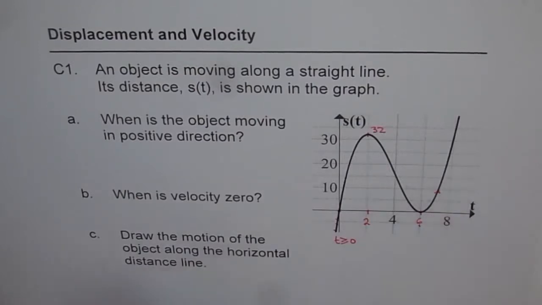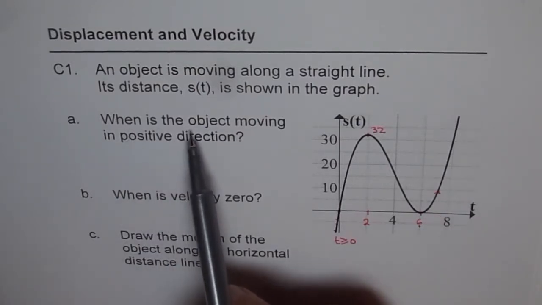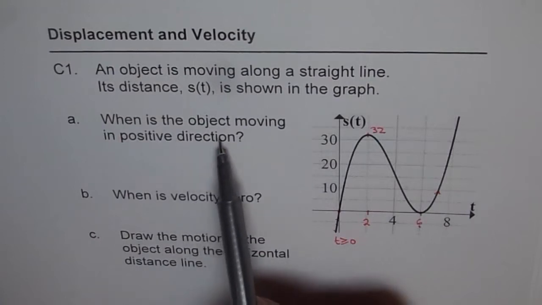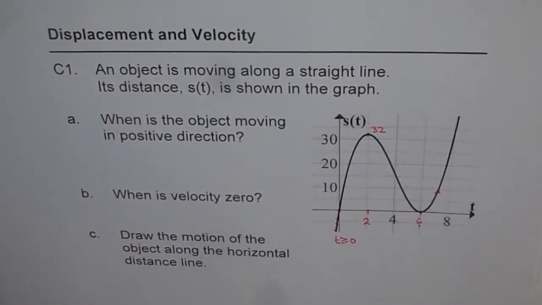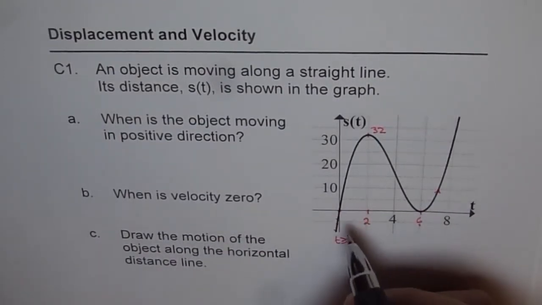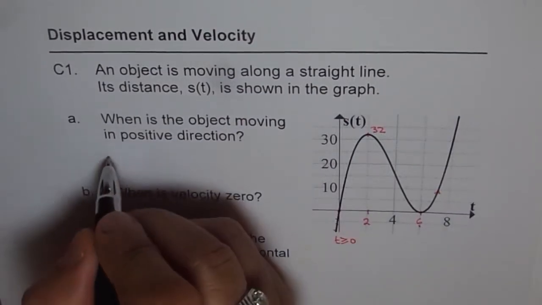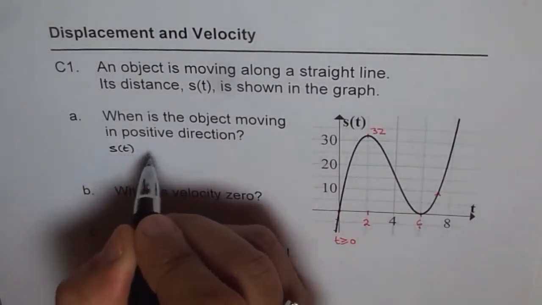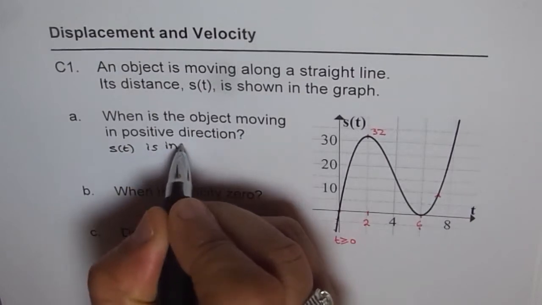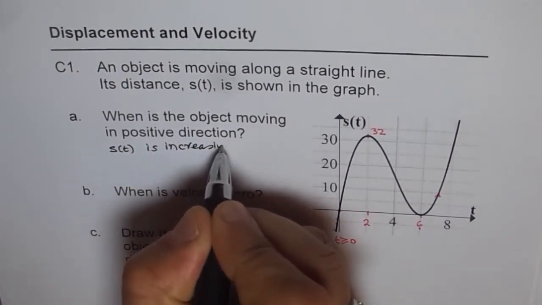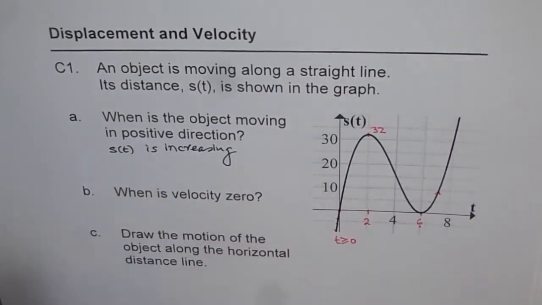Now let's try to answer the questions. When is the object moving in positive direction? So object moves in positive direction when displacement increases. So whenever displacement is increasing, then the object is moving in positive direction.